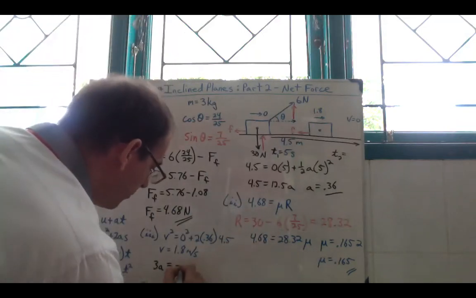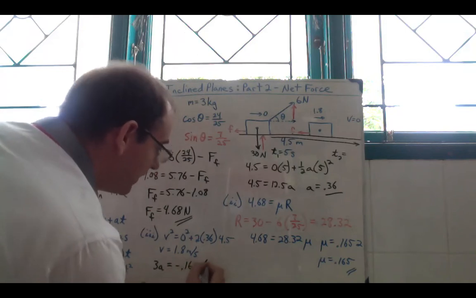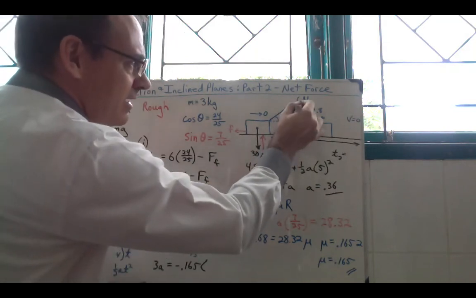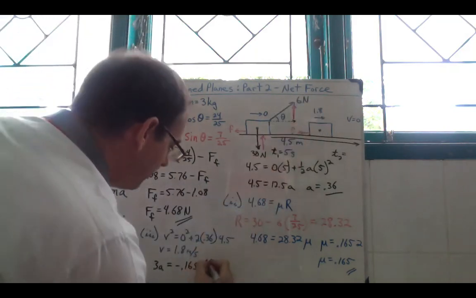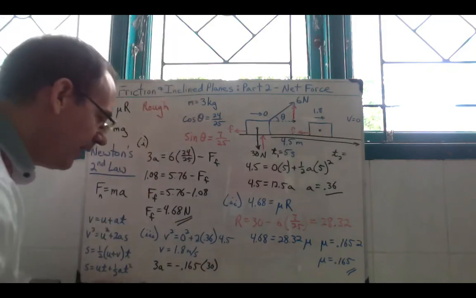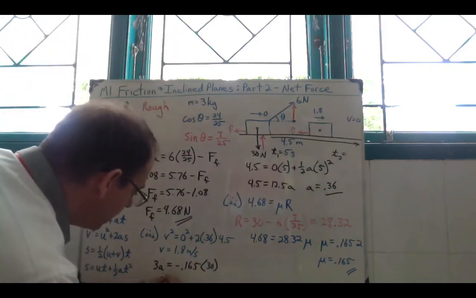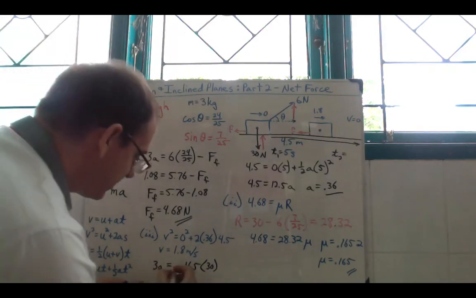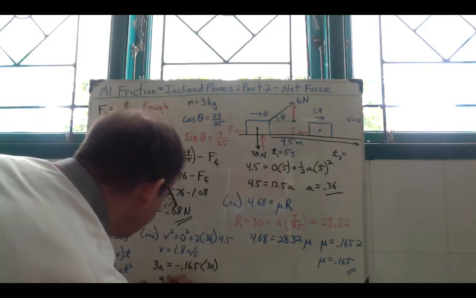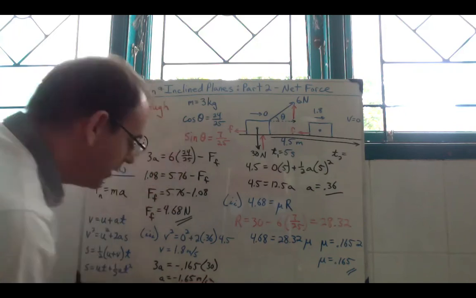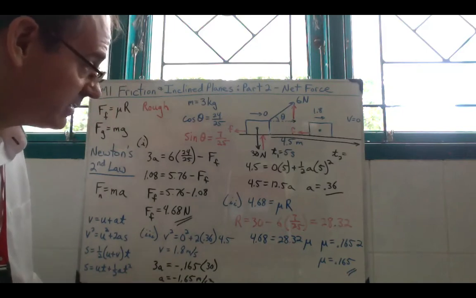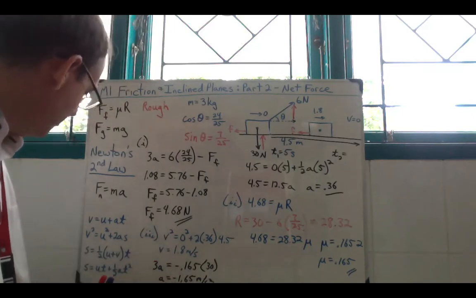So a negative 0.165, now it's just the 30 is the normal contact force because the 6 newtons was taken away, so times 30, and we get A equals a negative 1.65 meters per second squared. Notice it's deceleration, so that's a good sign there. We have our deceleration. Now we need to figure out time.